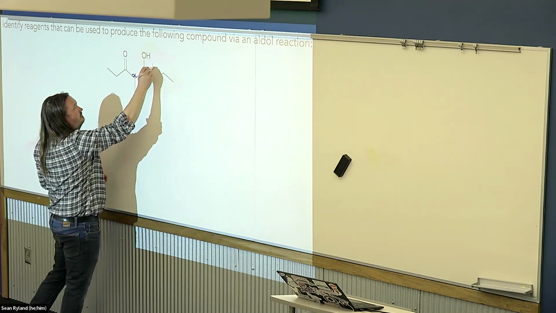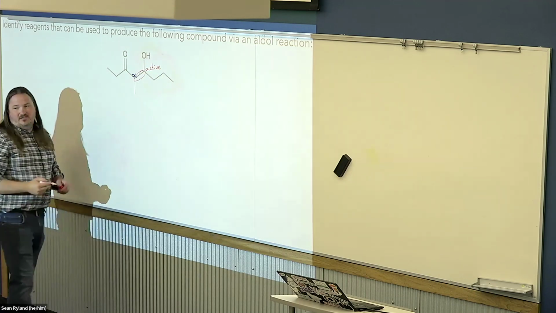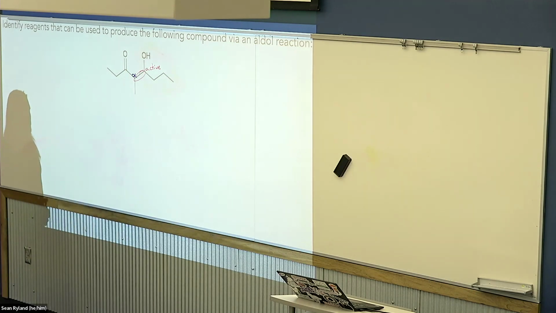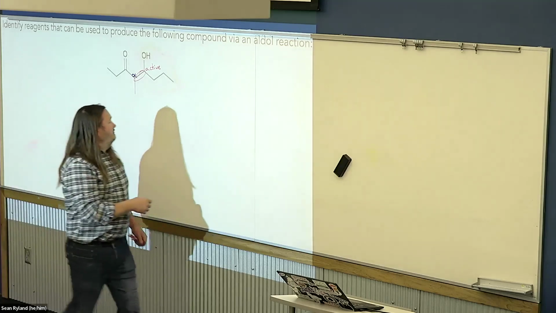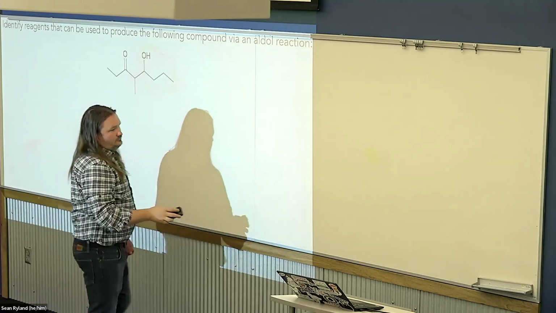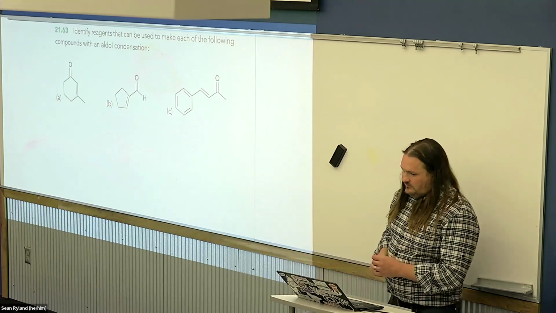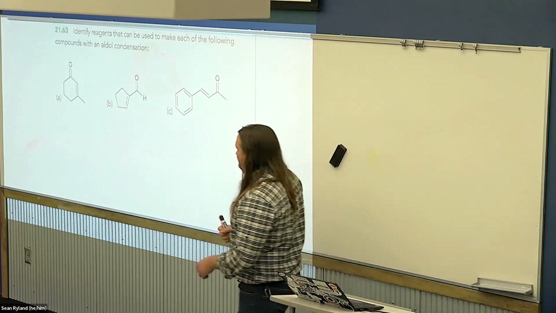Right, so that's our new bond. Once you can identify what the new bond was, it makes it a little bit easier to work backwards. So let's do it a few more times.